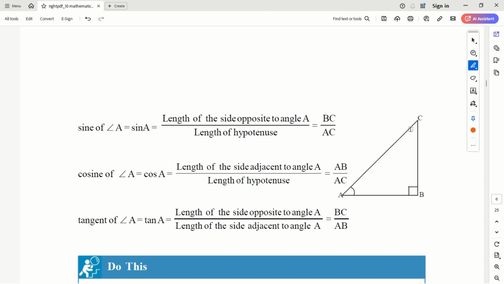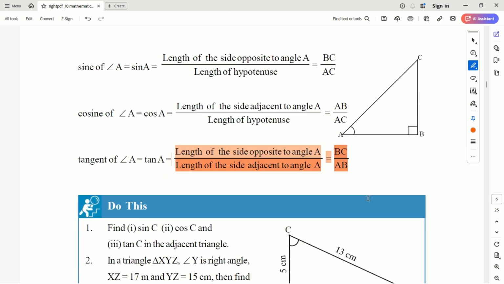And the third one is tangent of A, or in short tan A. Tan A is opposite by adjacent, that is BC by AB. So these are the three trigonometric ratios, which are the primitive ones, I would call. And the whole of trigonometry is based on these three ratios.